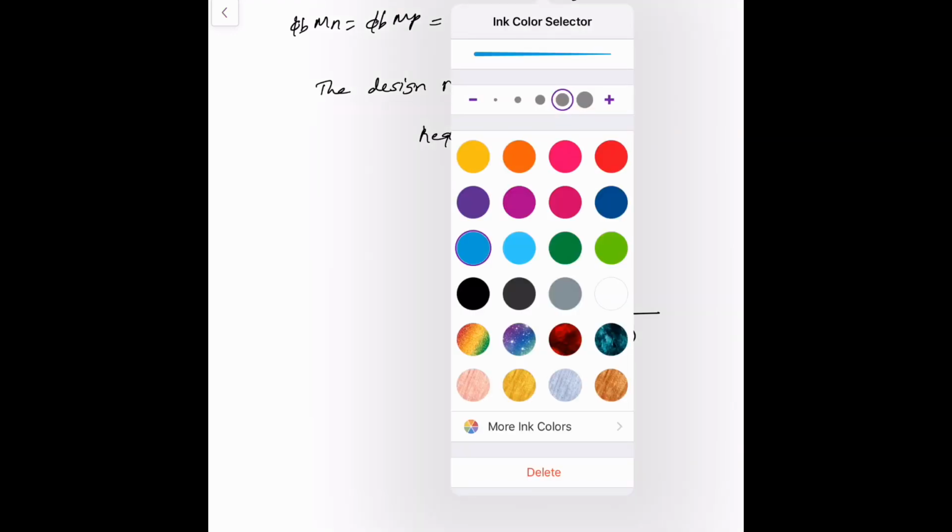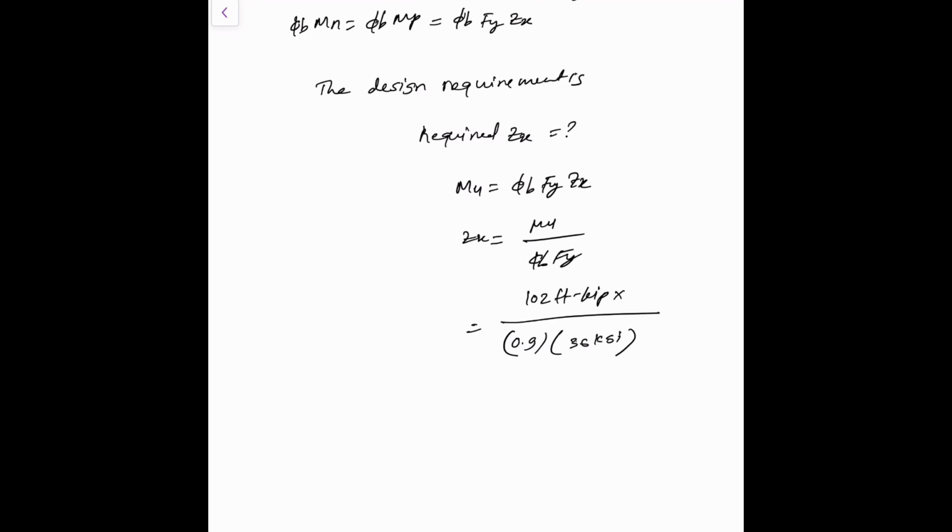Since we have ksi in the bottom and kip-feet on top, we change the units to inches, 12 inches per 1 foot, which gives us the plastic section modulus of 37.78 inches cubed.